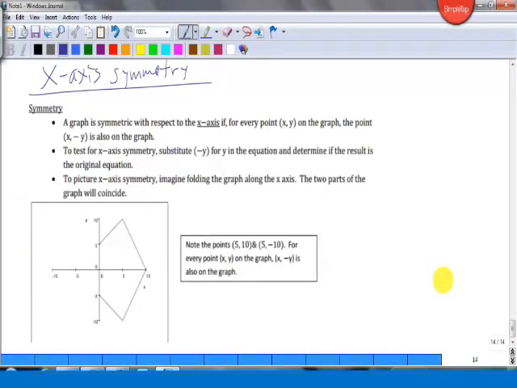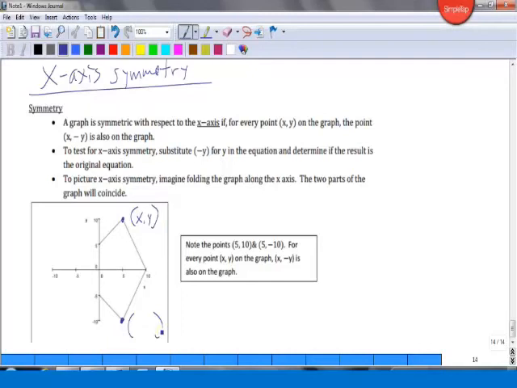A graph is symmetric with respect to the x-axis if for every point, let's just pick a point right here, convenient point there, x, y on the graph, its image, what would be the coordinates of its image?